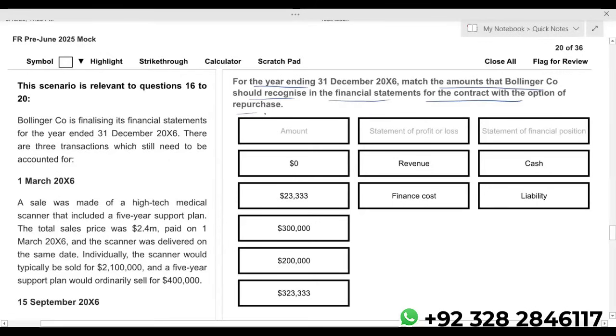That's it. I'm selling it, I'm going to repurchase. Normally I'm going to repurchase at a higher price. So whatever amount I give over and above the initial amount which I've received, technically, number one, it is a loan, as well as my finance cost. So basically the amount which I'm going to receive, that is a loan, and the amount which I'm going to give over and above the initial amount which I've received, that is my finance cost.